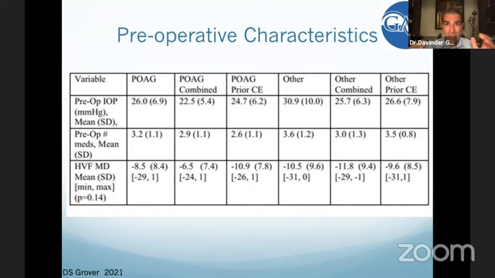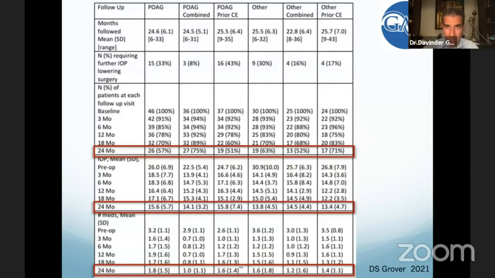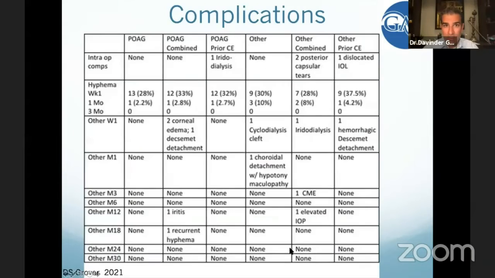This is real disease, real glaucoma, pressures in the 30s to high 20s on 2 to 3 medications with significant visual field loss. And what we see across the board after 2 years, you see a sustained drop in pressure from the 20s to 30s down to the low to mid-teens, and a sustained drop in medication from 2 to 3 down to about 1 and a little bit.